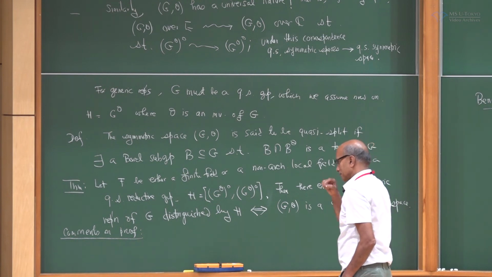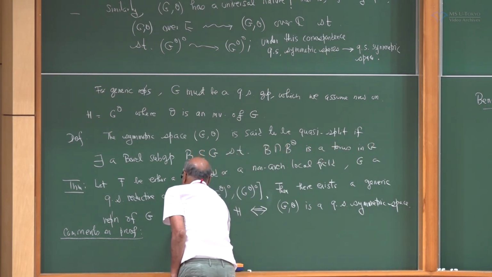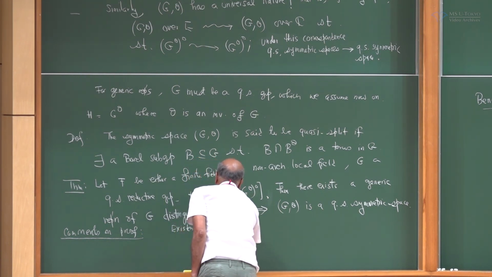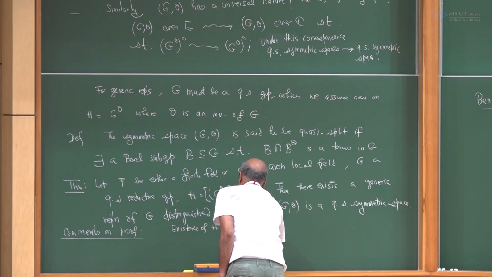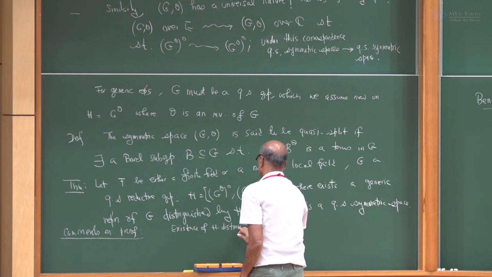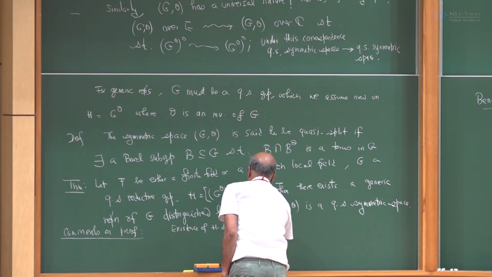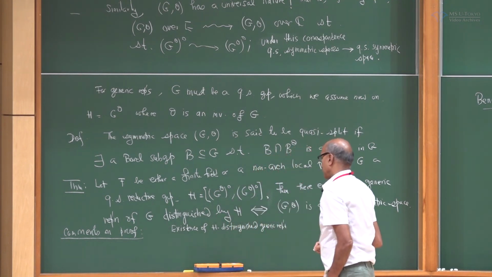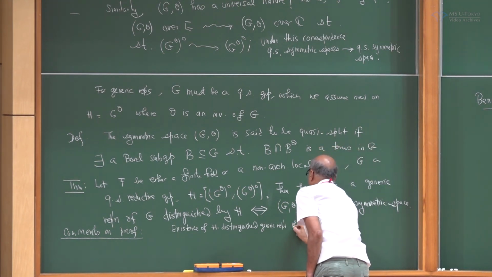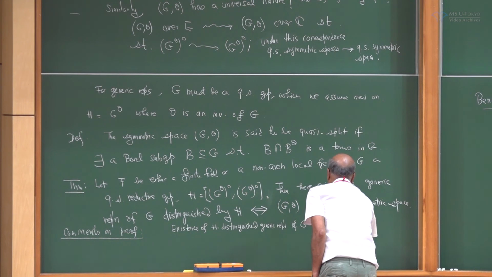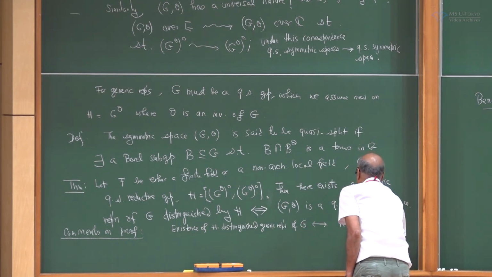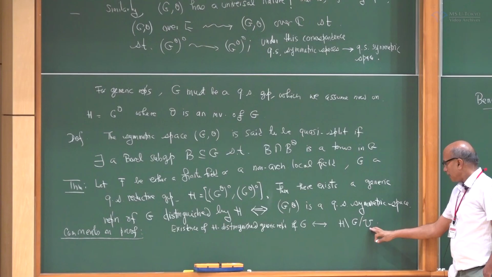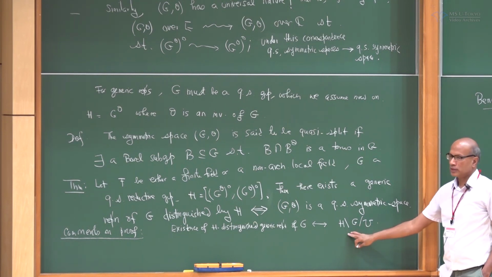So existence of a generic H-distinguished representation of G is equivalent to understanding this double coset H mod G mod U. Rather, what we want to understand is the action of U on this space G mod H.